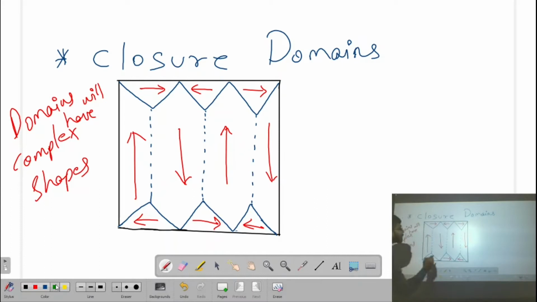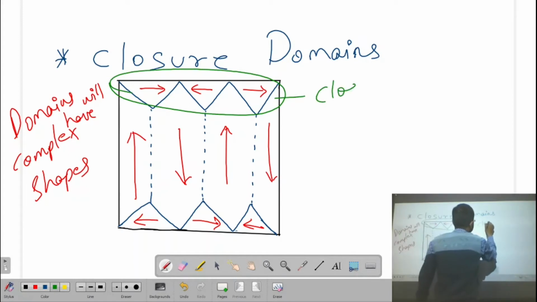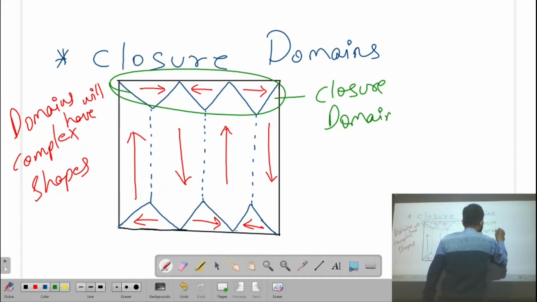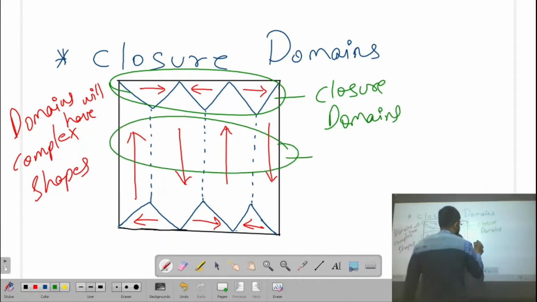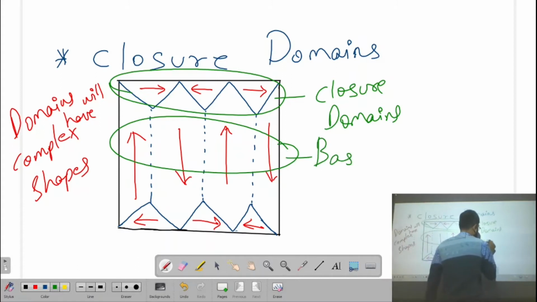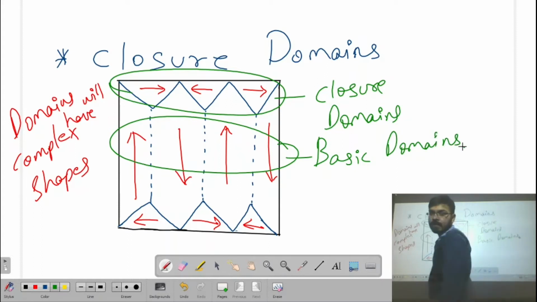These are the closure domains, and these are basic domains, right?